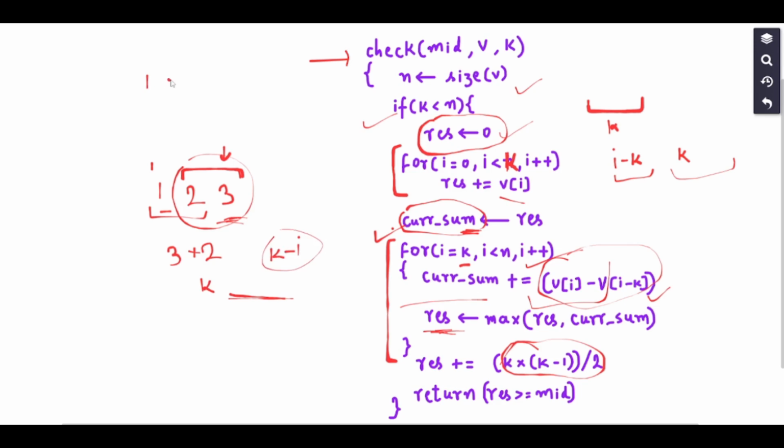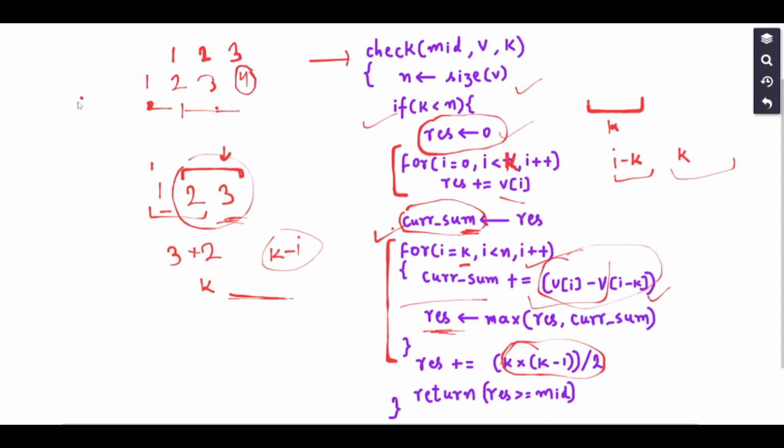So let's say we have 1 2 3 4 positions. I move from here to here, then from here to here, then from here to here. One mushroom will be added in the very first second from here. Two mushrooms will be added here. Three mushrooms will be added here.